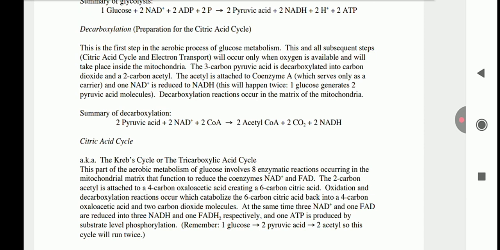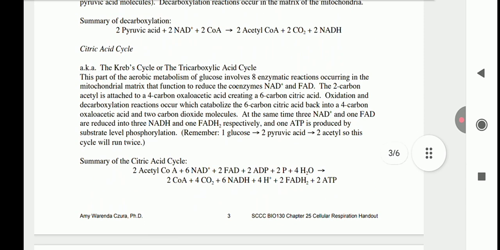Citric acid cycle, the Krebs cycle or tricarboxylic acid cycle. This part of aerobic metabolism of glucose involves enzymatic reactions that occur in the mitochondrial matrix and function to reduce the coenzymes NAD positive and FAD.